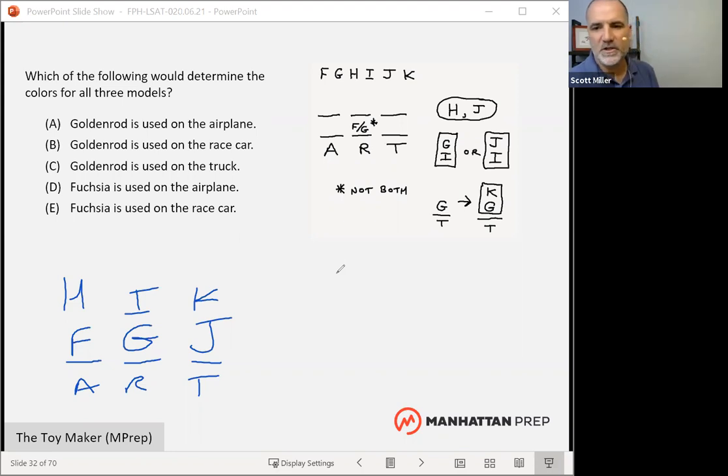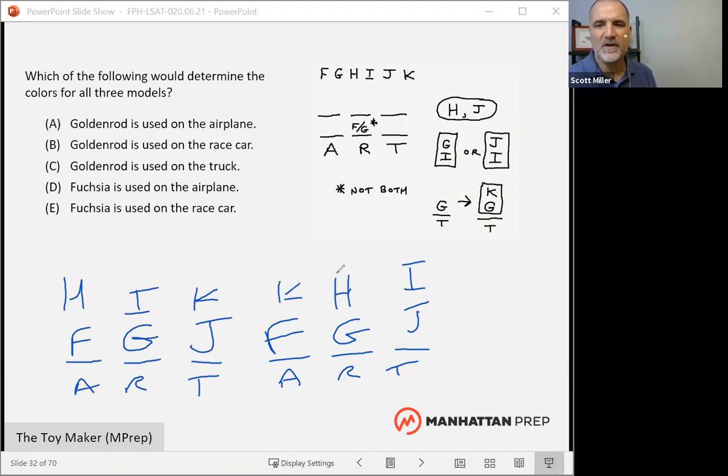But I could also do, in the same situation, F here, G here. So G would have to be there if F is in with the airplane. But couldn't I also maybe put J with I, and then H and J would be separate, and then I could put K over here.